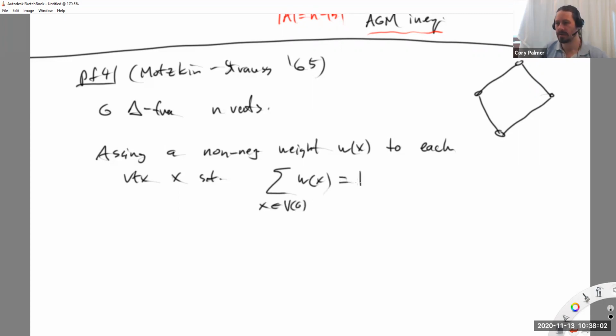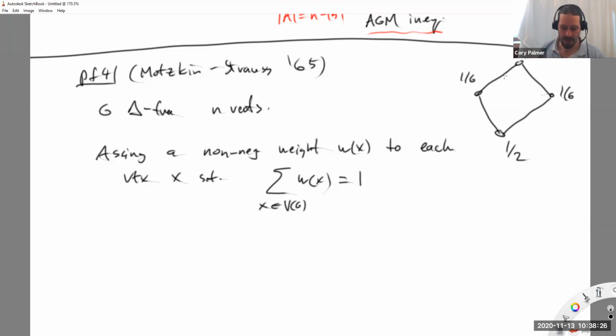So I assign these small epsilons to each vertex so that the total sum adds up to 1. Like in this example, it could be 1/2 plus 1/6 plus 1/6 plus 1/6. That's a valid assignment. As long as they're non-negative, they can even be 0, and add up to 1, that's a valid assignment.